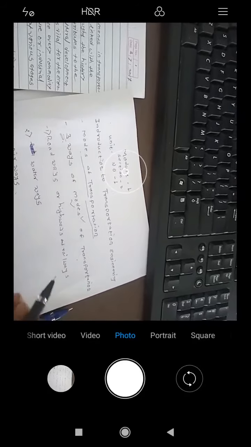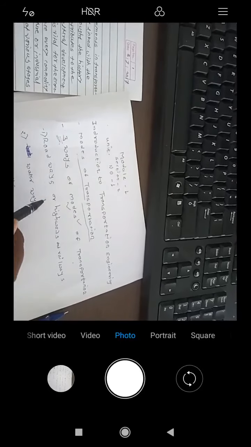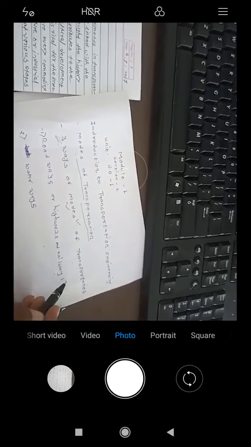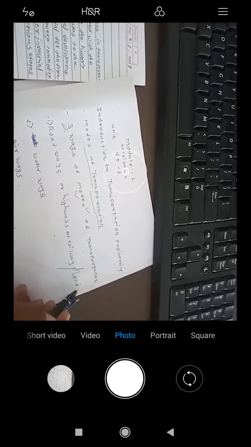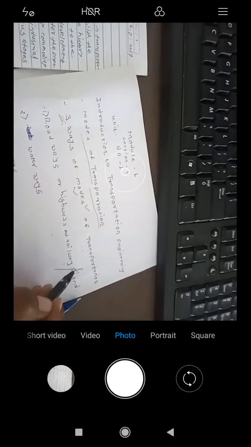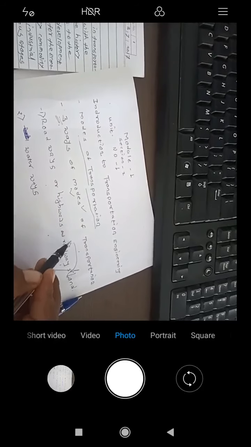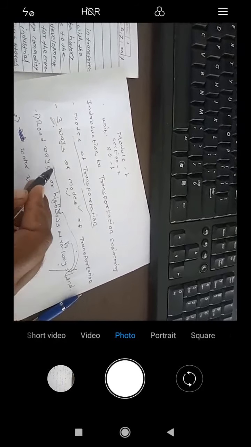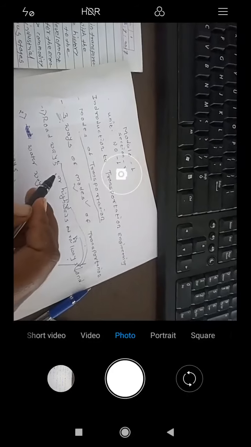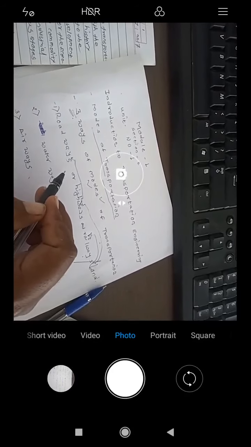The first way is roadway or highway or railway, which are part of the landway. So in the landway there is a railway and there is a highway or roadway. The first way is the landway.